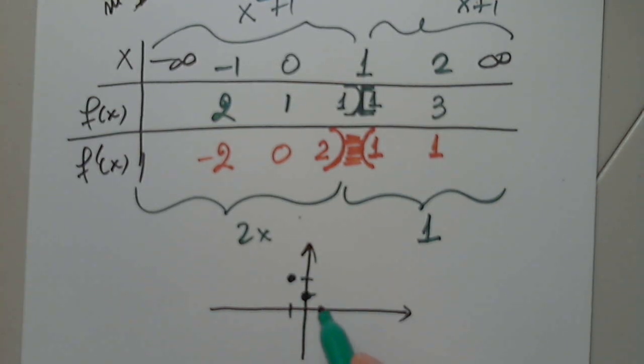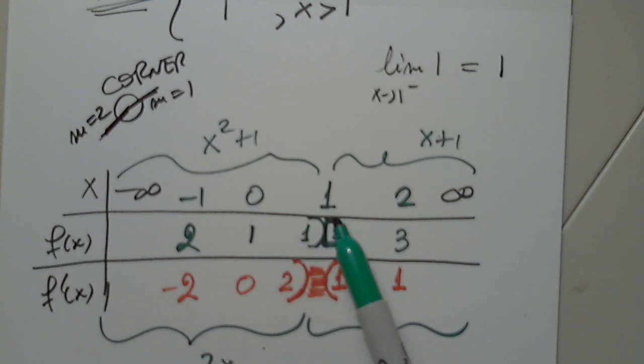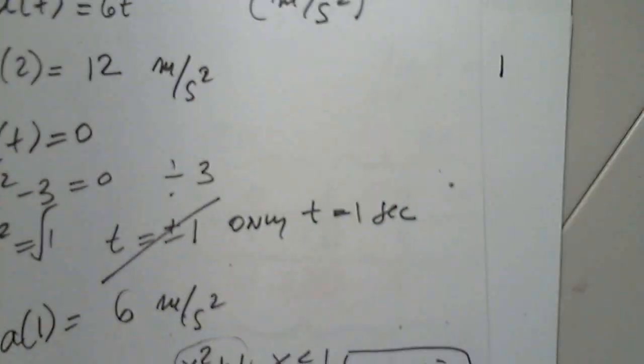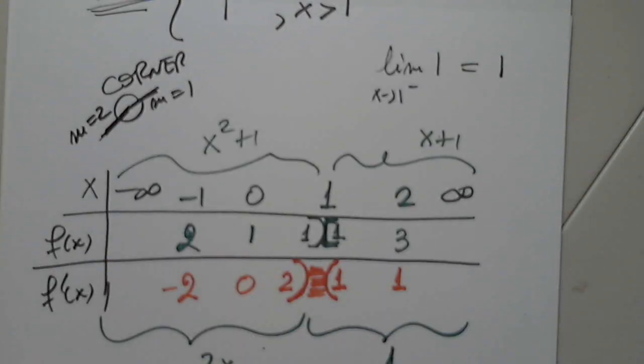I'm going to graph 1, 1. What did I do here? Where's my function? 2. Why did I write 1?